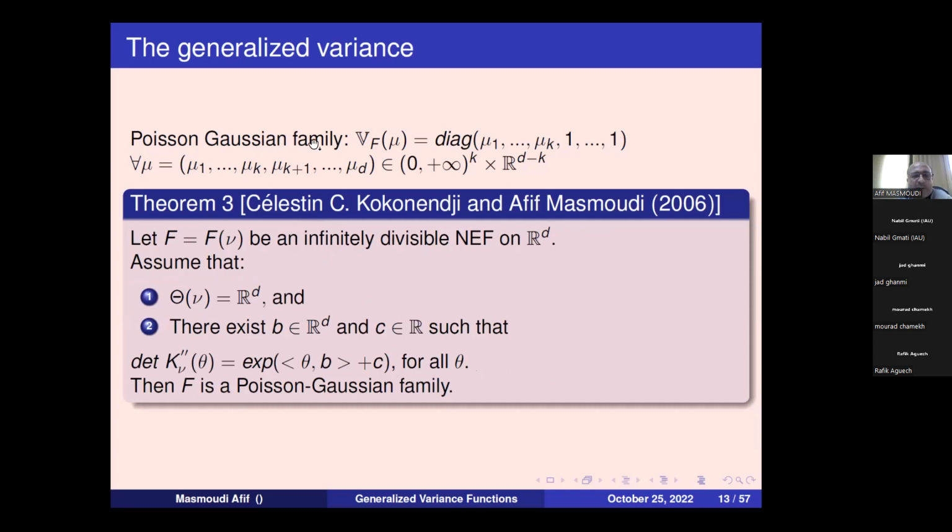The example of the Poisson-Gaussian family up to affinity: a random vector is called Poisson-Gaussian distributed if the first components are Poisson, and the other components are Gaussian.